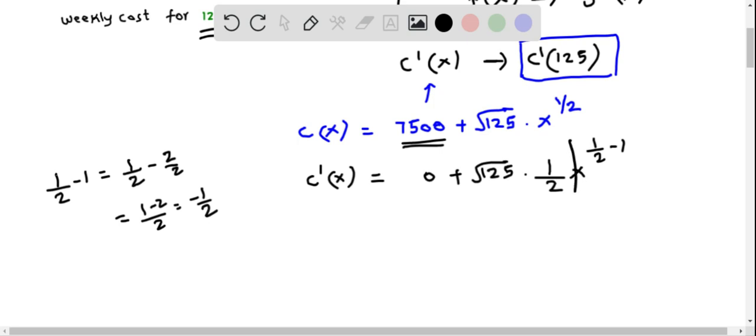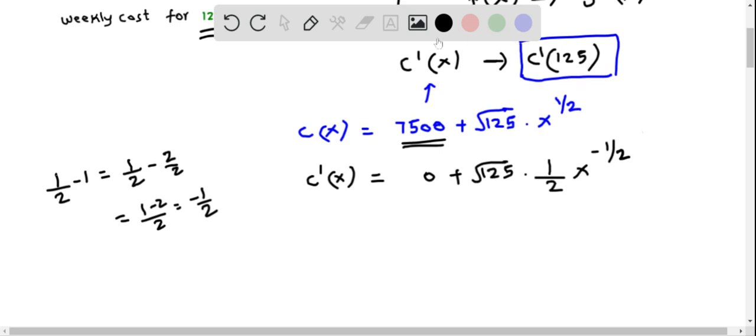So this is x raised to the power of negative half. I'm going to replace it here.